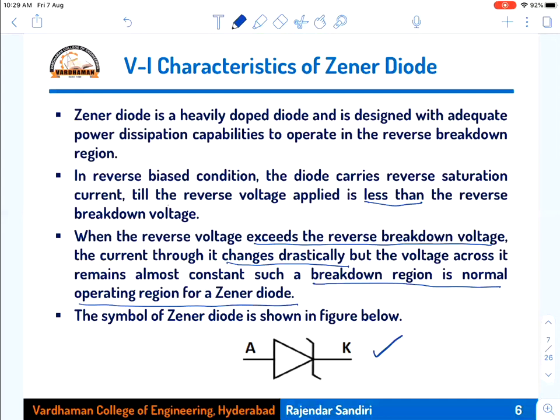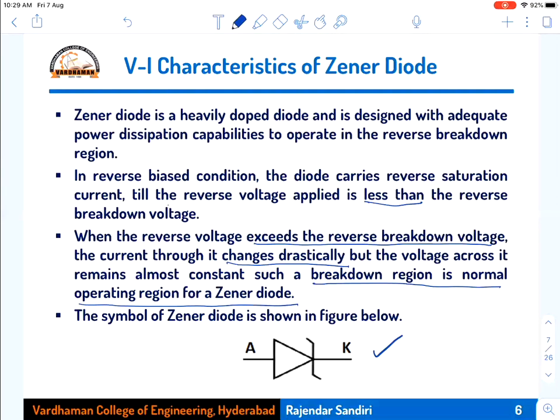It is prepared in such a way that it should handle that huge amount of power and withstand it. That's what we call being designed with adequate power dissipation capabilities. That means if a large amount of power is dissipated across the diode, it should not get damaged.